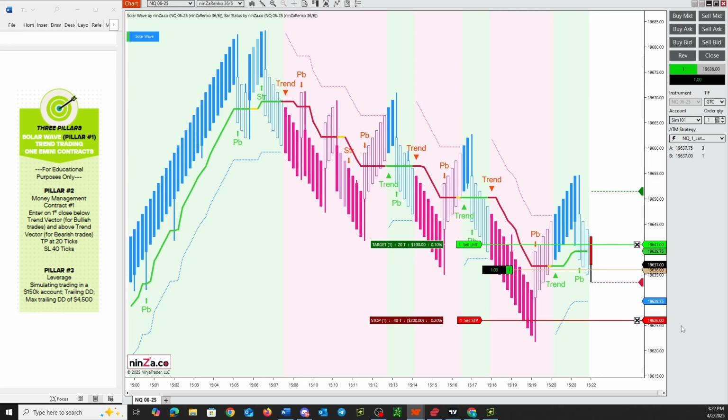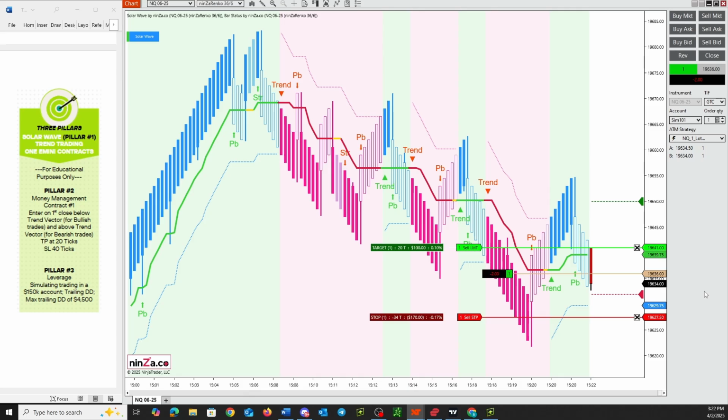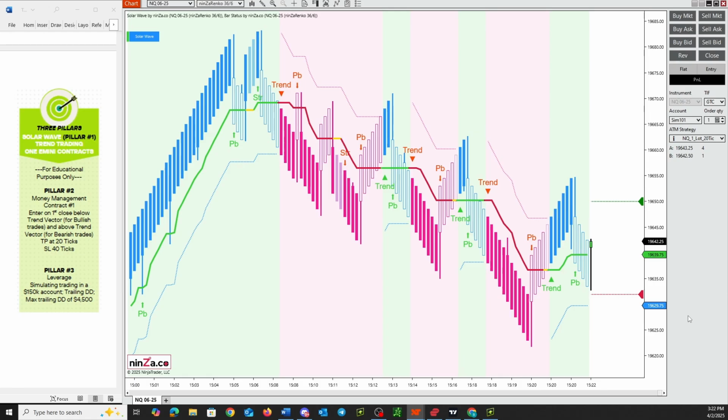Let's see if we get any jiggle at all in here. There we go. That's all we're looking for. Just that little bit of movement.